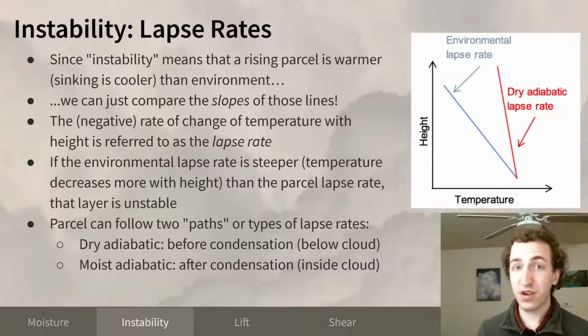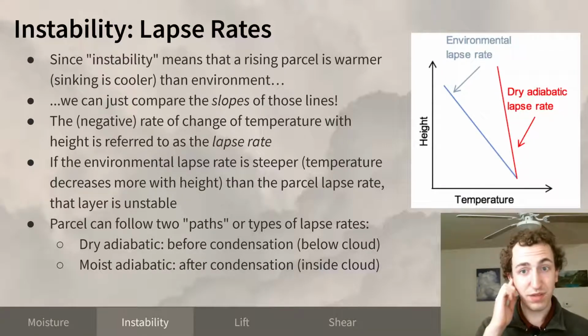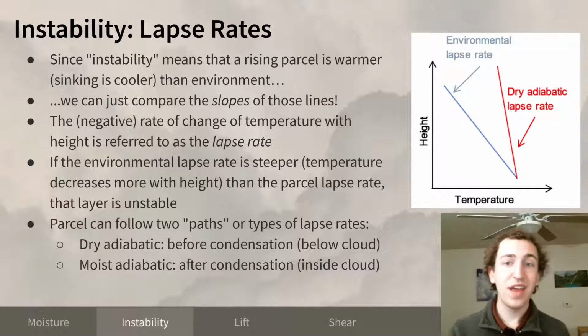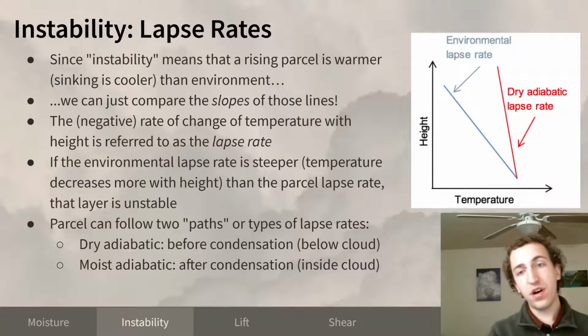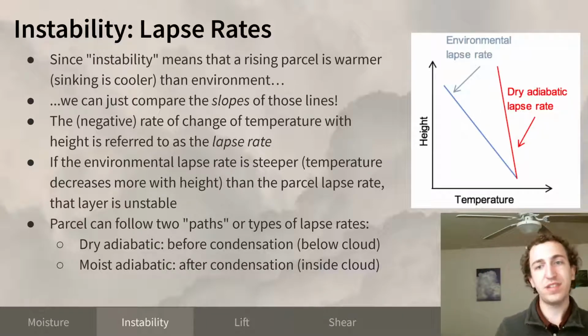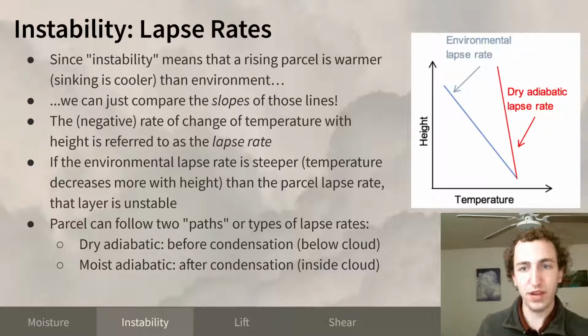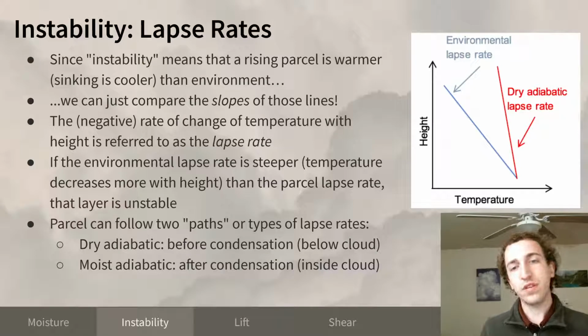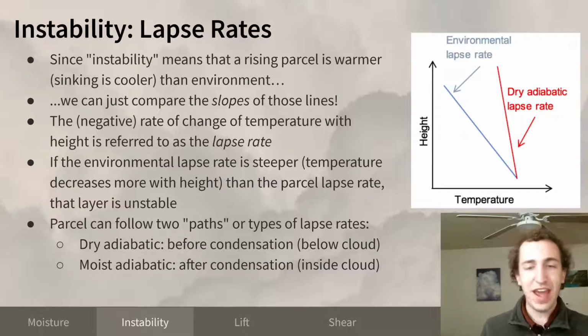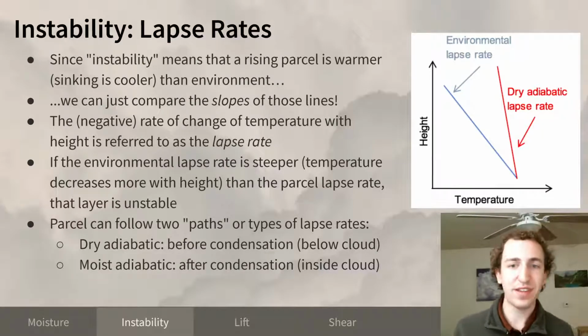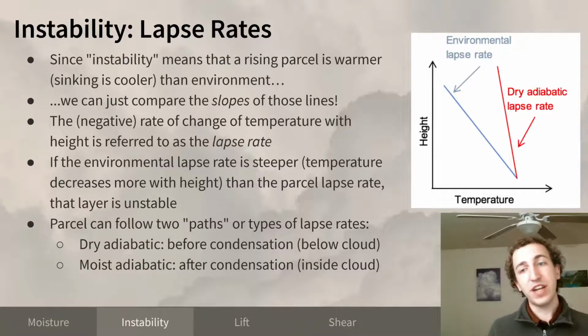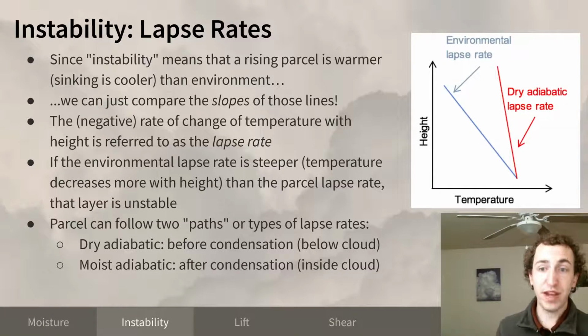So if they have the same starting point, you can just look at the slopes to compare where it ends up. We call this rate of change, or because temperature always decreases with height in the general sense, we actually have it be the negative to clarify the sign. That rate of change of temperature with height is called the lapse rate.